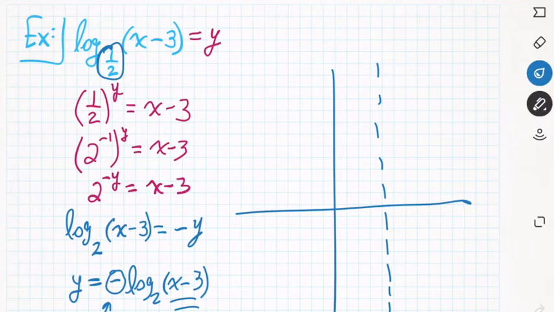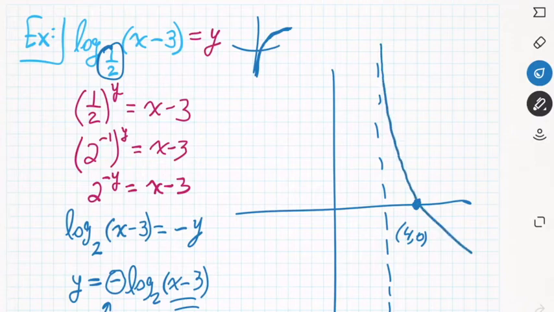So normally, remember, a logarithm graph usually starts low and grows slowly upwards. So this one's going to flip, so it's going to come down, hit this point here, which just happens to be 4, 0. It's 1 to the right of 3. It's going to crawl down here, hit this point, and grow slowly.